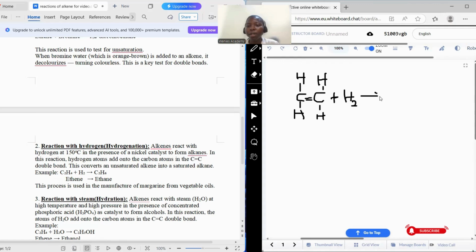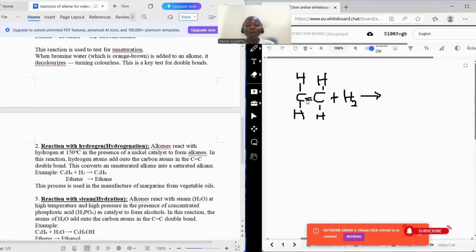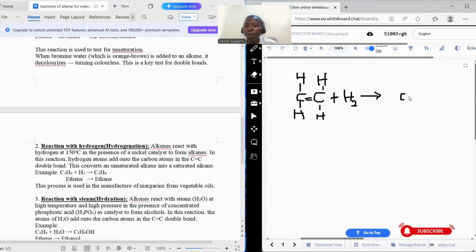So the double bond breaks open and the hydrogen atoms are attached. Remember, our double bond breaks open to become a single bond.